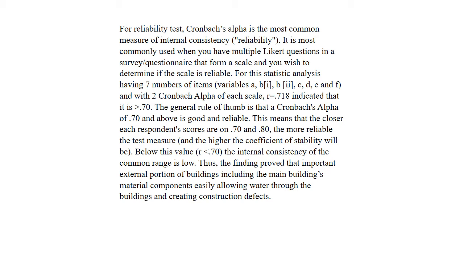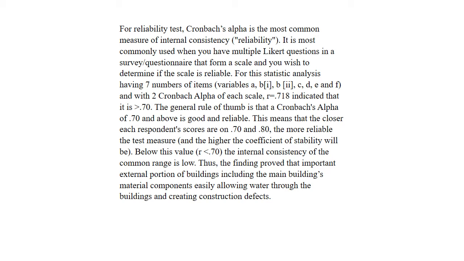You can refer back to the table. Generally this shows a good and reliable result. This means that the closer the score is to 0.7 or 0.8, the more reliable the test measure. If alpha is below 0.7, it is not really consistent, and the range is considered low.